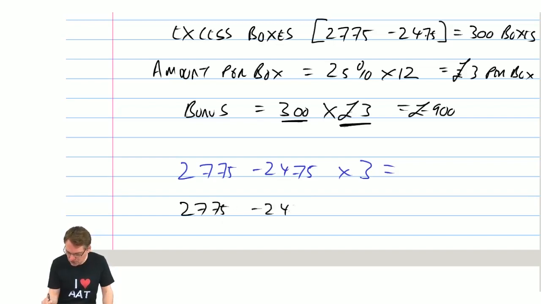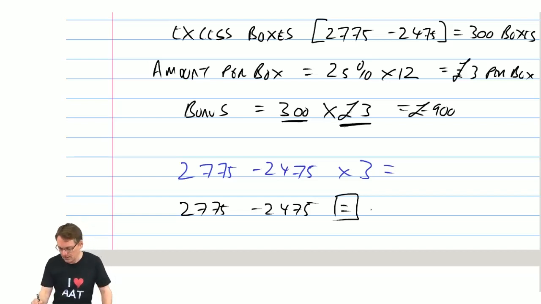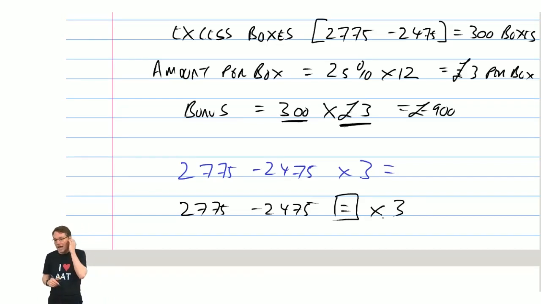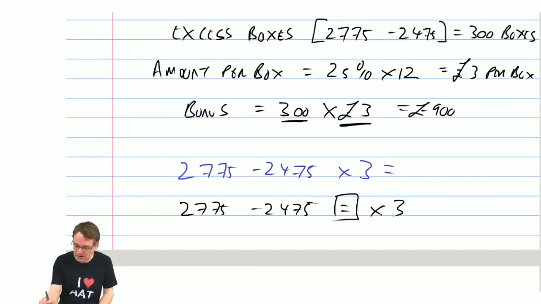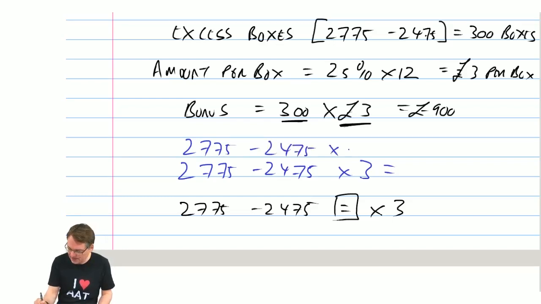2775 minus 2475 equals, and then multiply by the 3. I mean, even worse, I could have put in 2775 minus 2475 times 25% times 12.